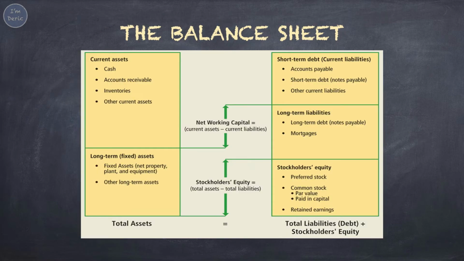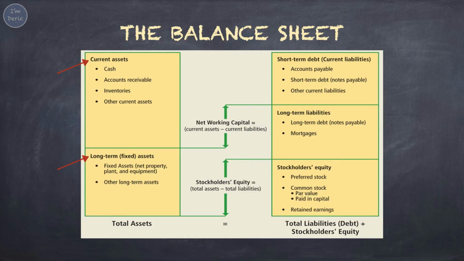A company's balance sheet is comprised of assets, liabilities, and equity. Assets are the things that a company owns and that have value, or something that will be received and can be measured objectively. It consists of current assets and long-term fixed assets. Current assets include the short-term items that are convertible into cash within 1 year, such as cash, accounts receivable, and inventories.